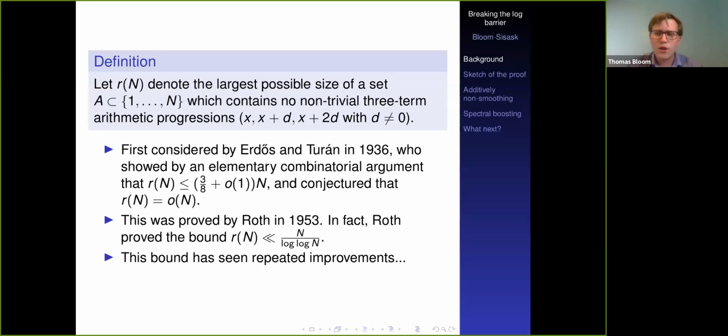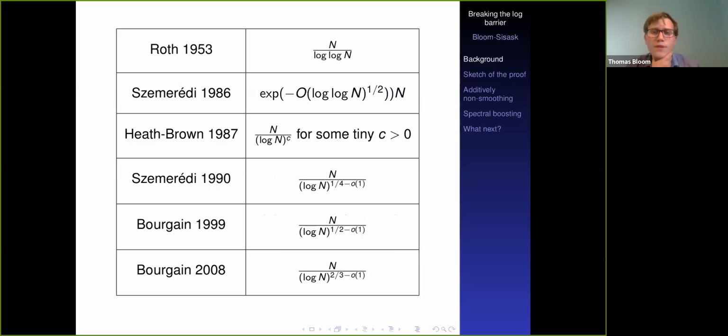This original bound of Roth of n over log n has seen repeated improvements, which I've summarized in a couple of slides. The original bound of Roth in 1953 was n over log n. This was improved by Szemerédi to a bound in between powers of log. I think this bound itself appeared in unpublished lecture notes or a conference talk by Szemerédi in '86.